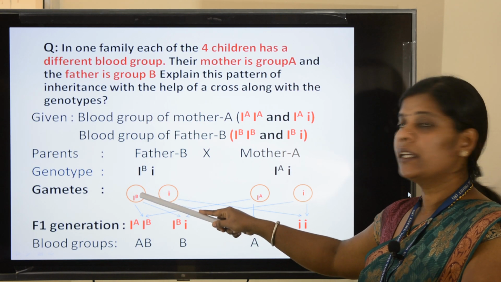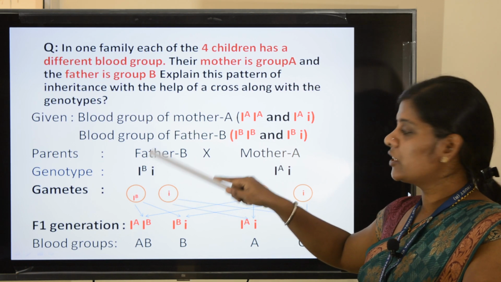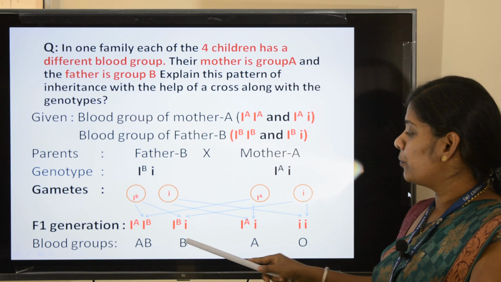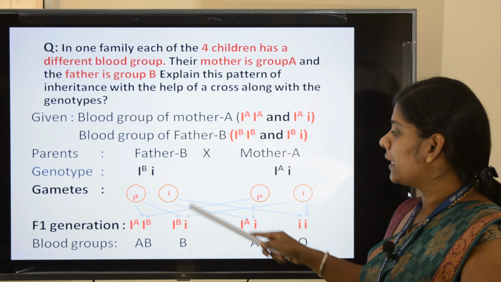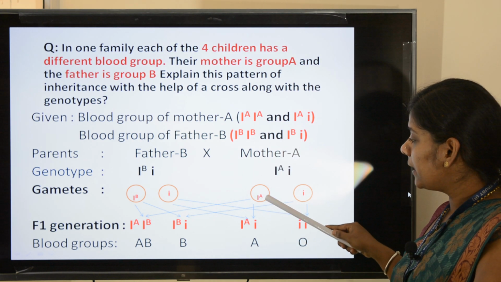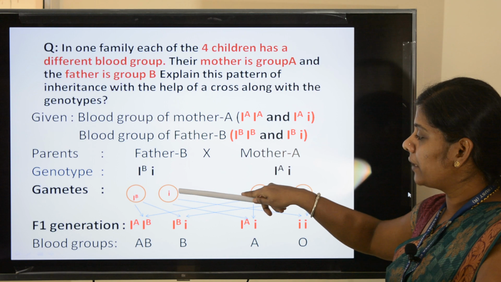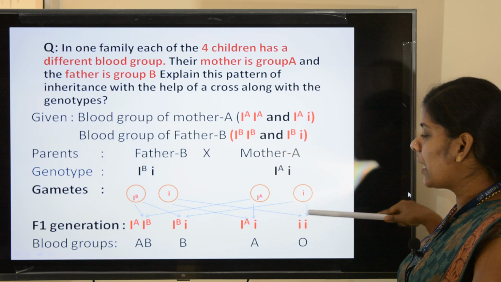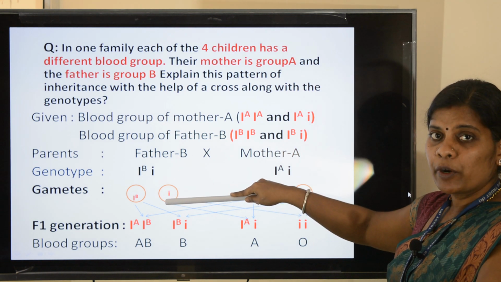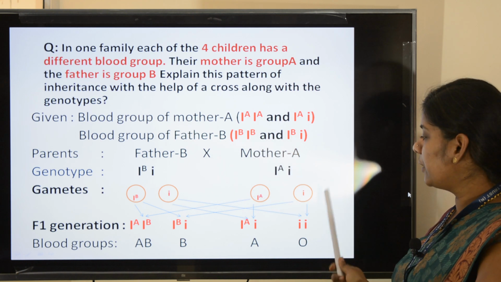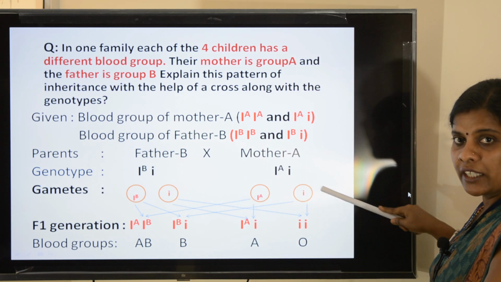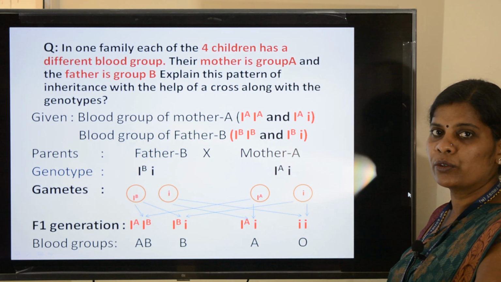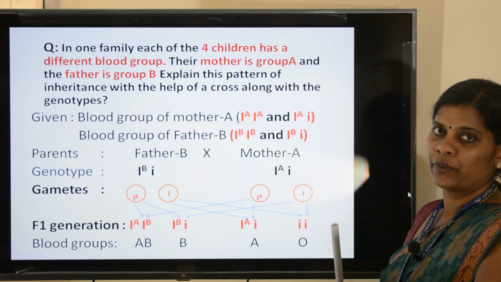IB allele containing sperm combined with egg containing small i recessive allele, then possible blood group is B. In case of third type, if IA egg combined with sperm containing small i, then possible blood group is A. The last possibility is if sperm containing recessive allele i combined with egg containing recessive allele i, so possible blood group is O because both the alleles are recessive.